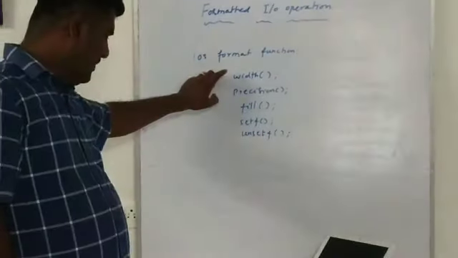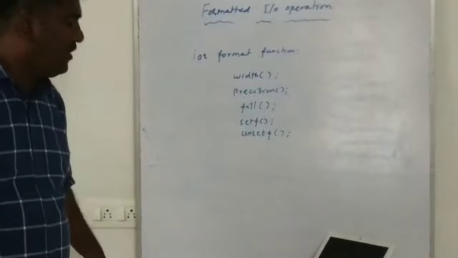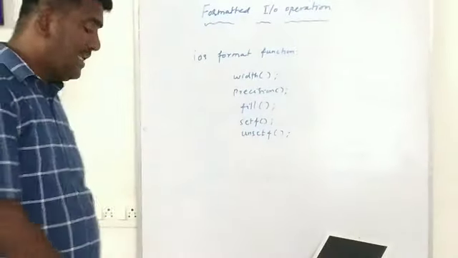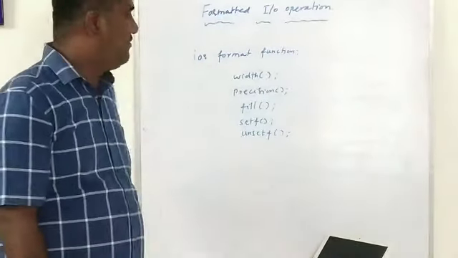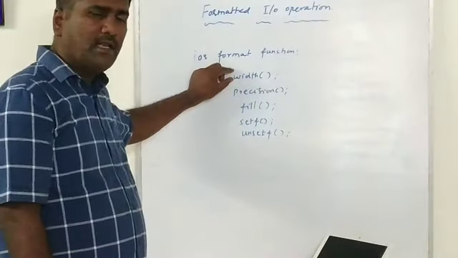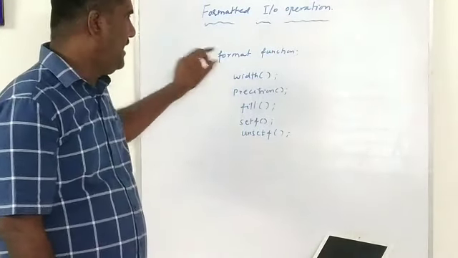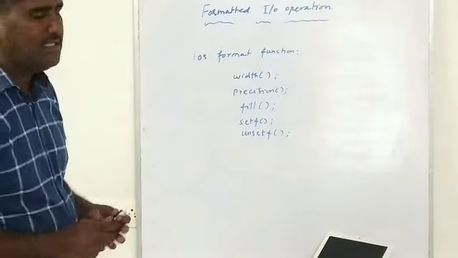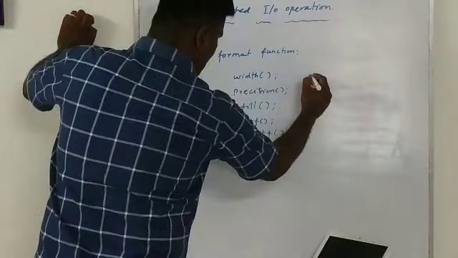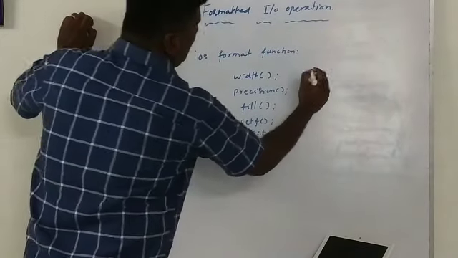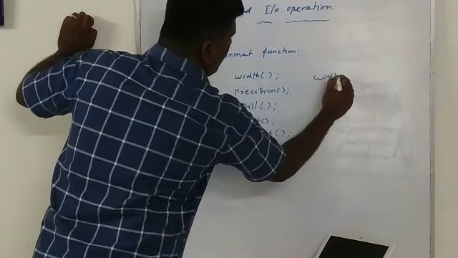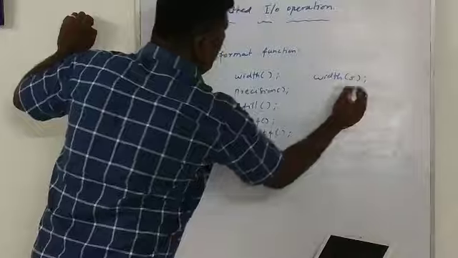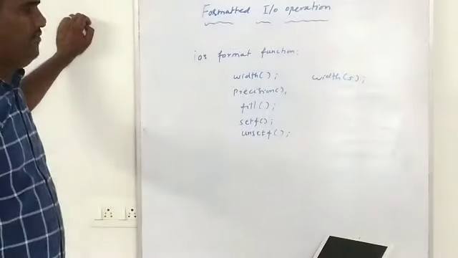The width function is used to specify the required field size. Suppose I want the field size to be 5, so you set the width to 5.